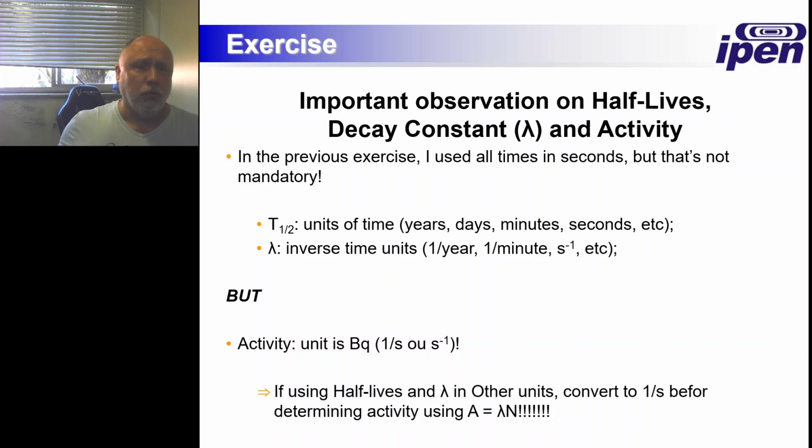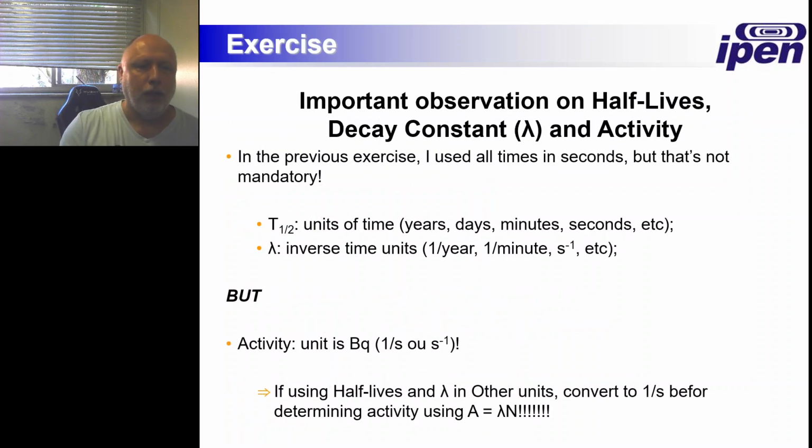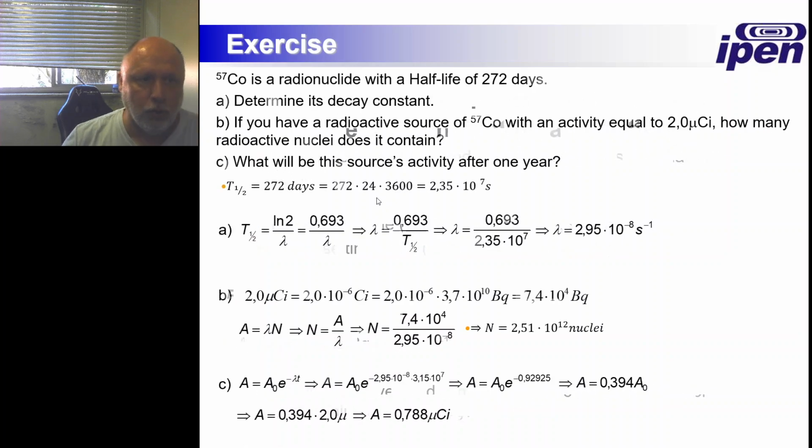Here's an important observation on half-lives, decay constants, and activity. In this exercise, I converted the half-life to seconds. You don't have to do that, right? I don't do that when I'm working for myself, because the half-life here was in days.